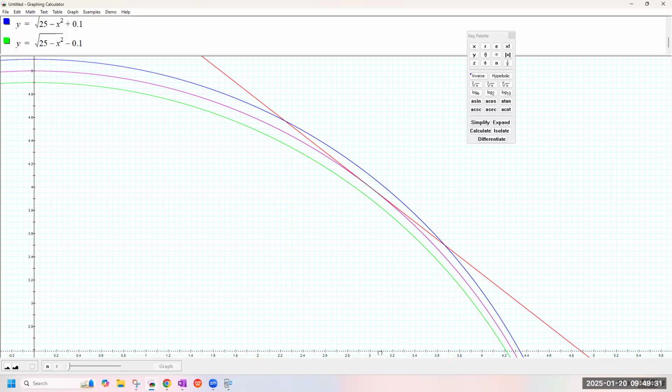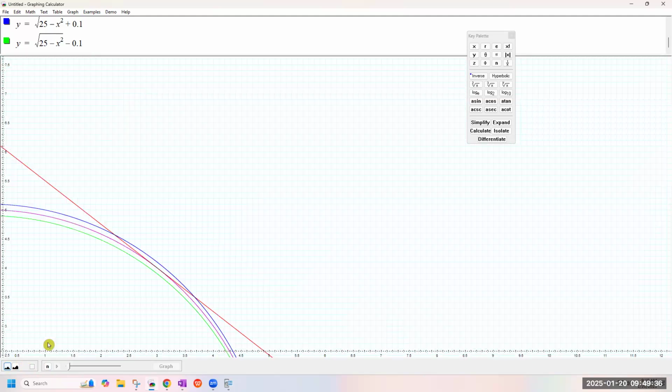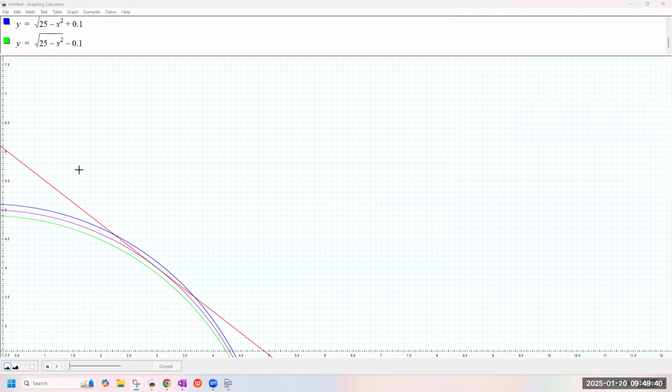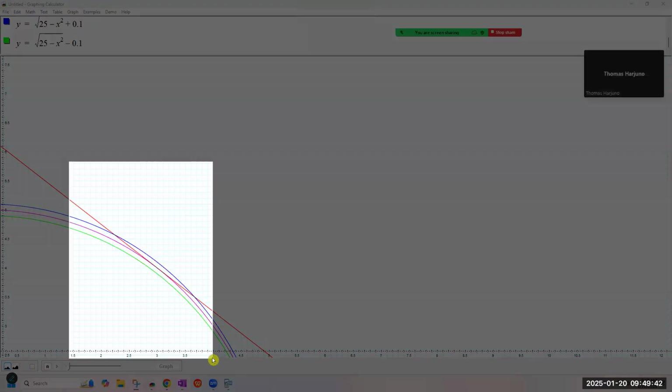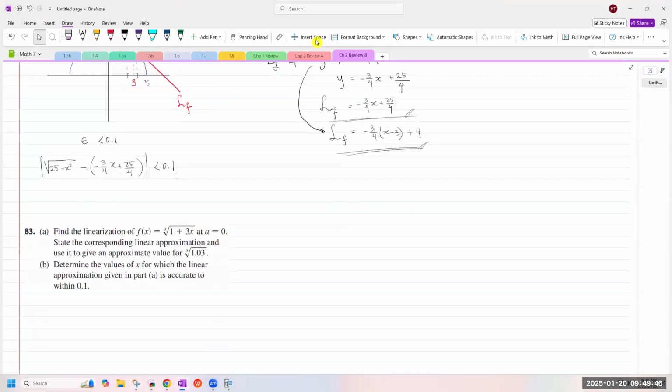You know what? I wonder if I can make it a bit smaller and then screenshot this part and put it back into our notes.